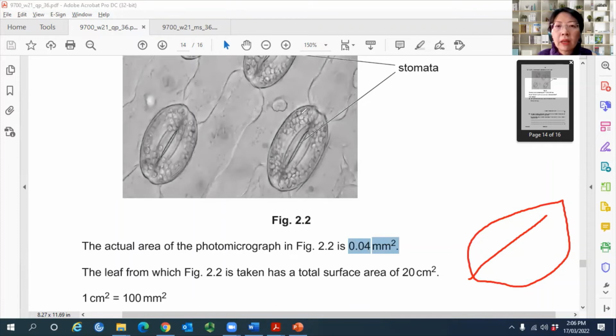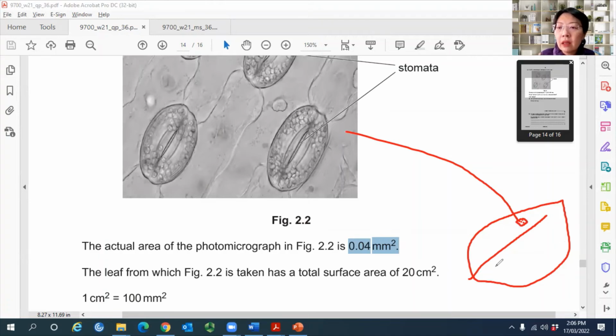Let's say, for example, you have obtained the count from this part of the leaf only, and you saw this part has got 4 stomata. 1, 2, 3, 4. If you only use this part to estimate the total stomata in the whole leaf, it is not accurate, because the assumption you have made is that the distribution of stomata in the entire leaf is the same.